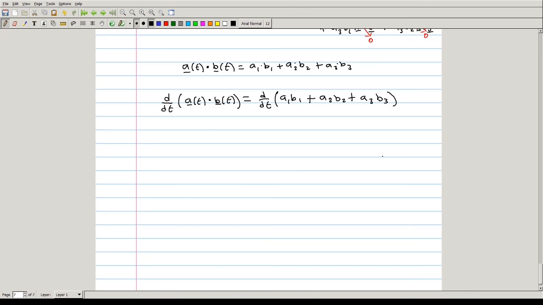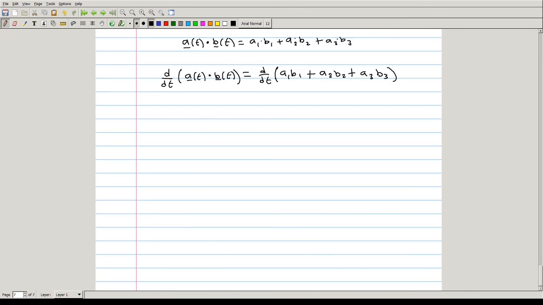And we know from calculus 1 that this is the same thing as the sum of the derivative of each one of these products, which we calculate using the product rule.